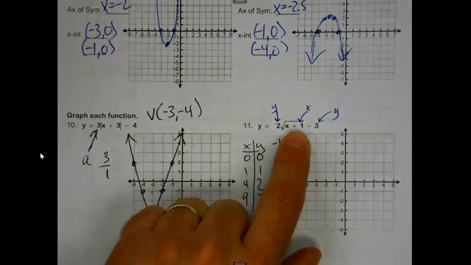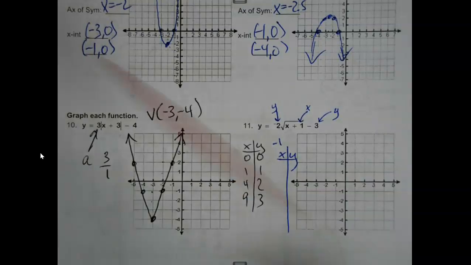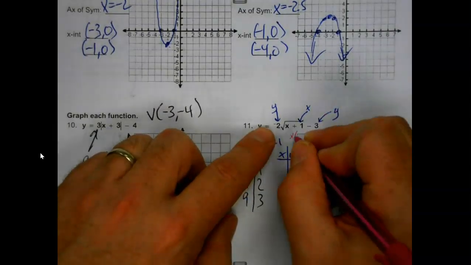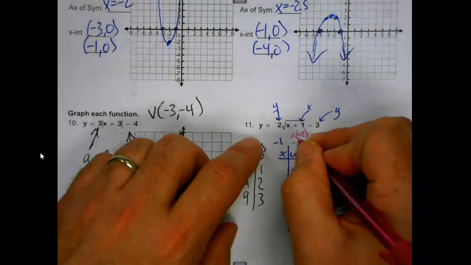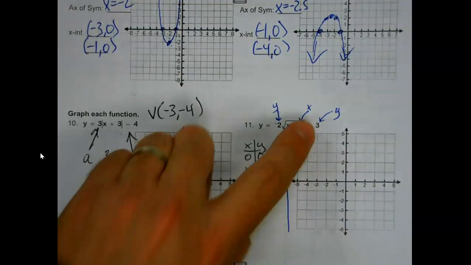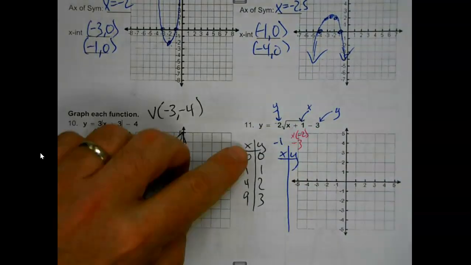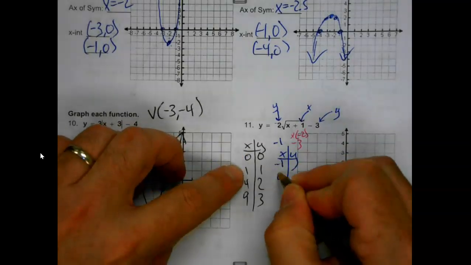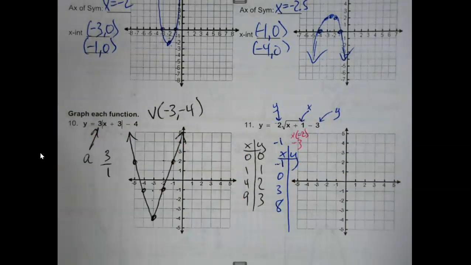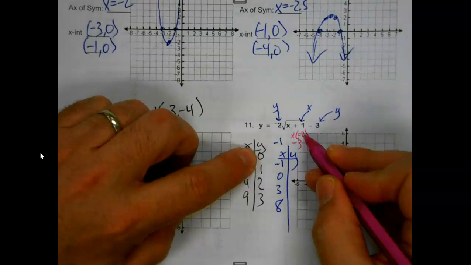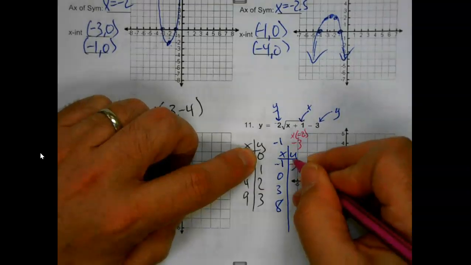And for my Y, I'm going to multiply by -2, and then subtract 3. So take my X's, take 1 away from each. Take my Y's, multiply by -2, subtract 3.